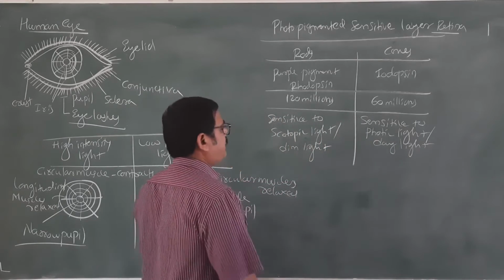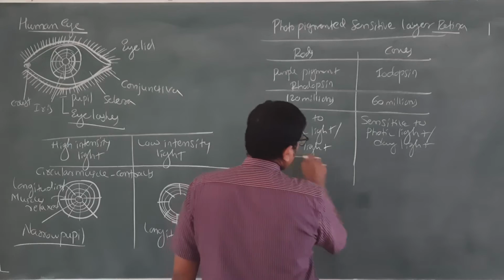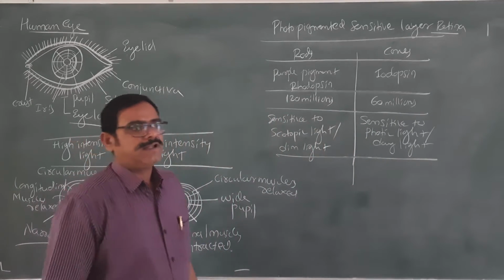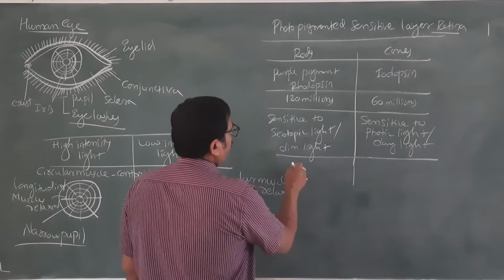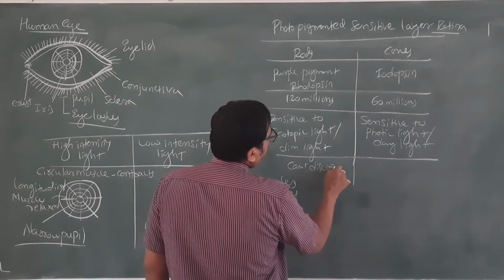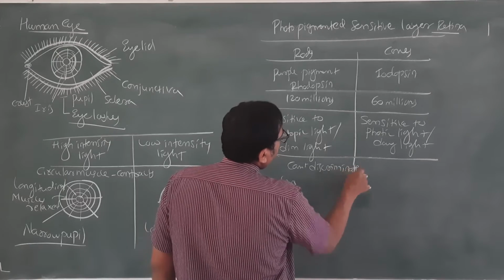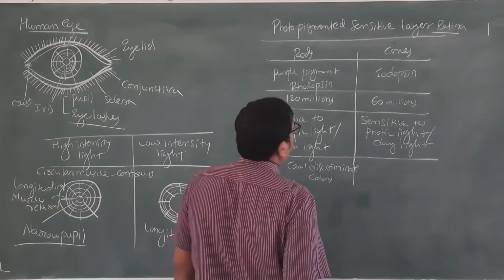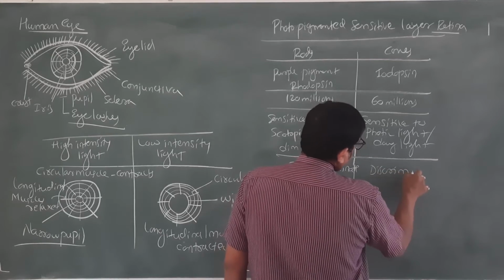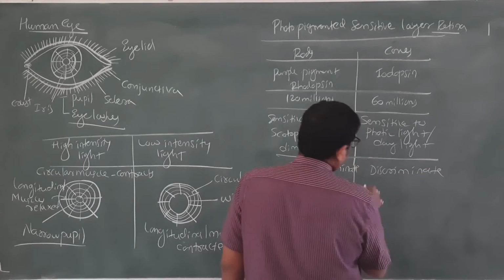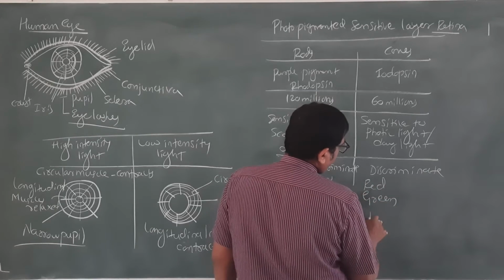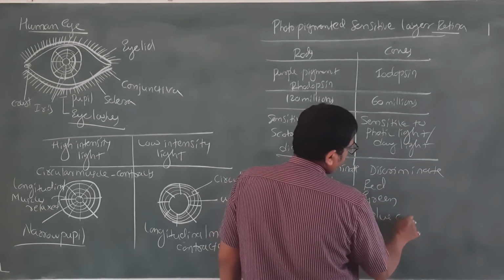And rods cannot discriminate colors, whereas cones discriminate red, green and blue color.